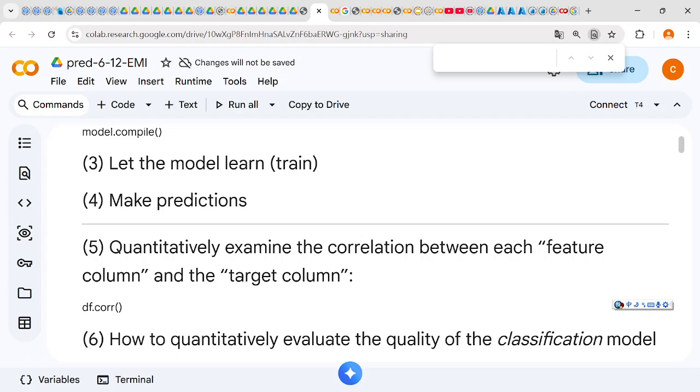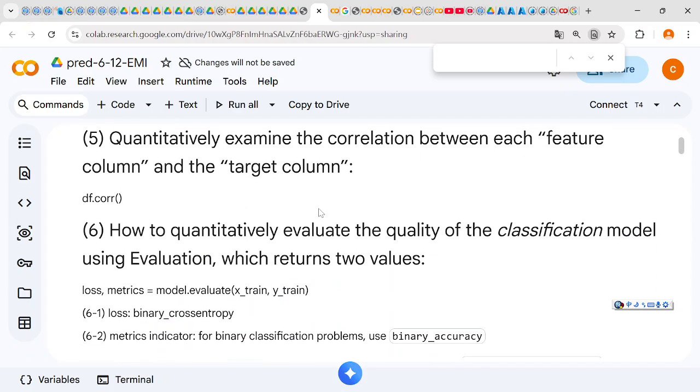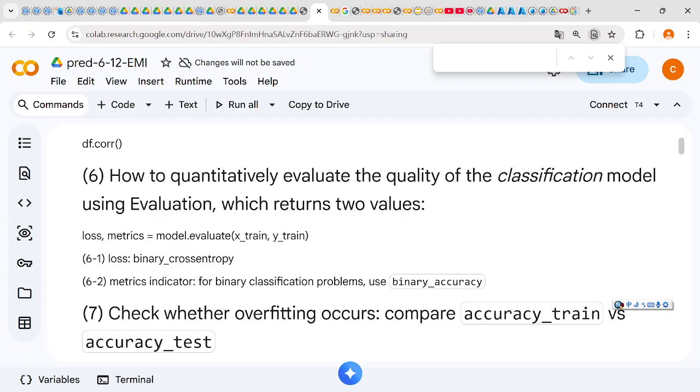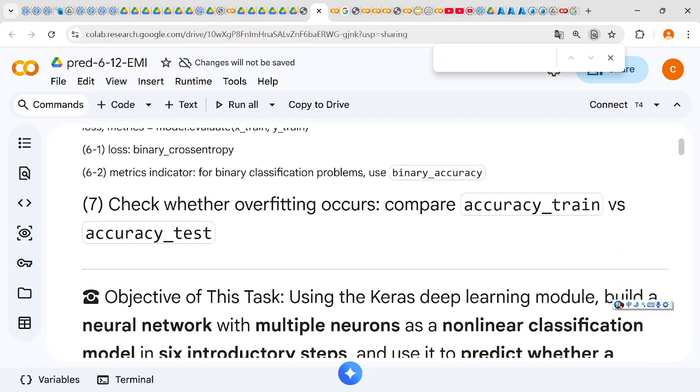And the fifth is to quantitatively examine the correlation between each feature column and the target column. And the sixth is how to quantitatively evaluate the quality of the classification model using evaluate. The seventh is to check whether overfitting occurs and compare the accuracy trend.